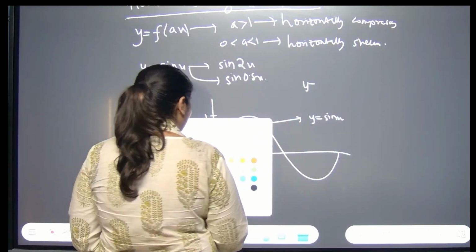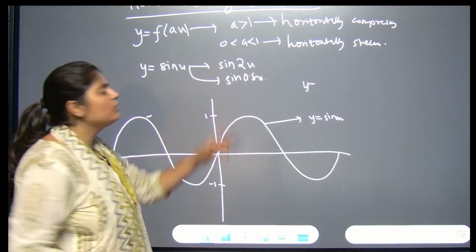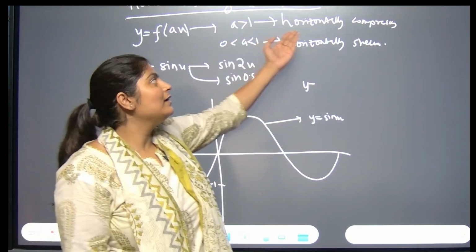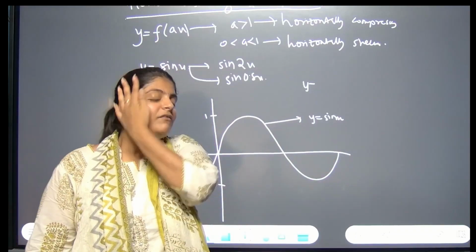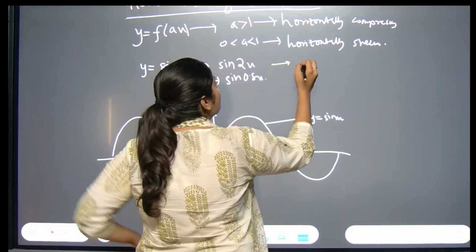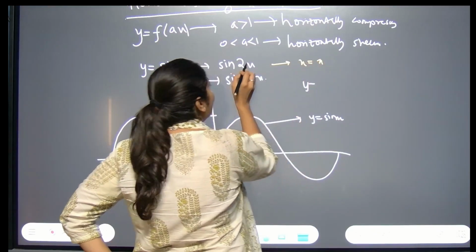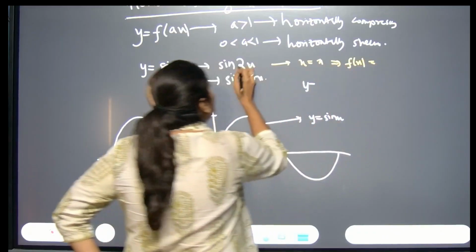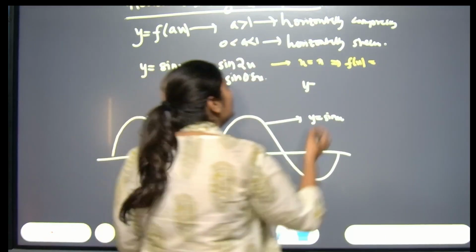Now we'll try to plot the graph of y equals sin 2x. Since a is greater than 1, the graph would horizontally compress. We'll see how this graph compresses. If we take x equals pi, then the value of f(x) would be sin 2 pi, and the value would be 0.